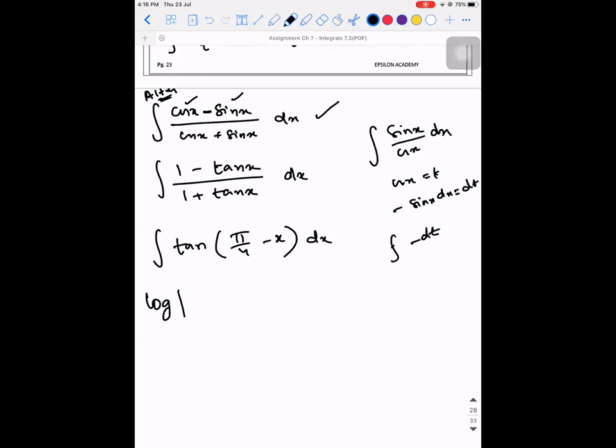The integral of minus dt divided by t will be minus log t. T is nothing but cos x, so the minus cancels out, and log of secant x is the answer. So log of secant (pi by 4 minus x). Am I right? There is a mistake in it.